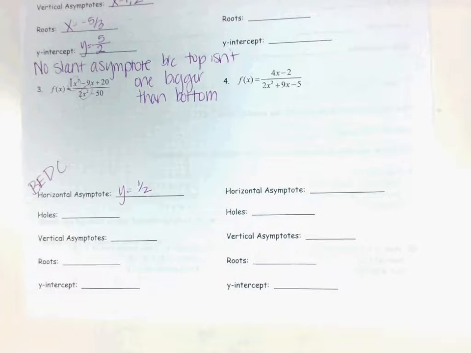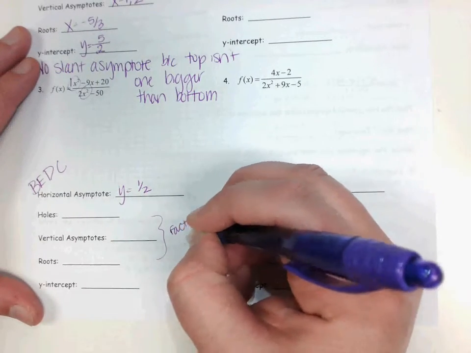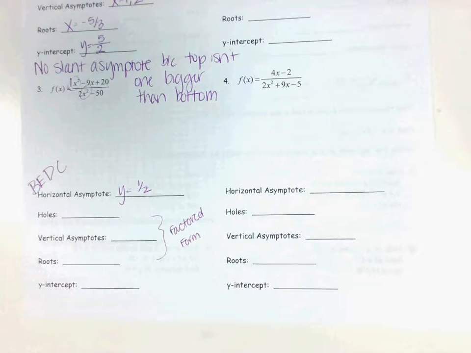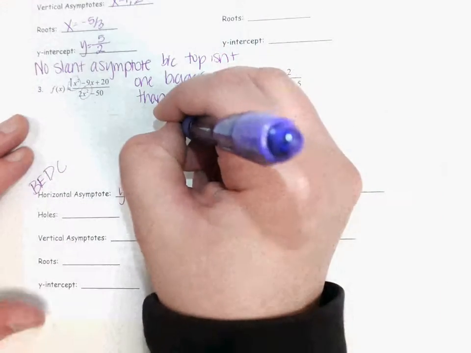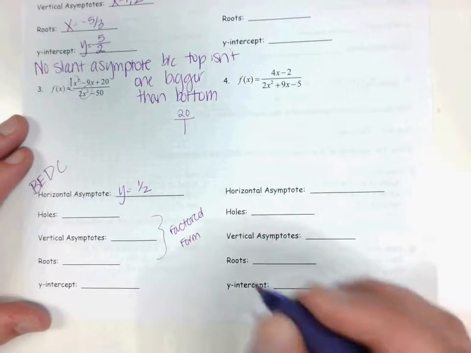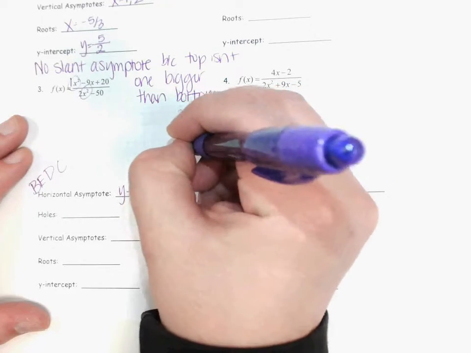Okay, for your holes, vertical asymptotes, and your roots, you have to have it in factored form. So in order to have it in factored form, we need to actually factor it. Yeah? So on the top, we're going to have to do a t-chart. What will multiply to 20? What are my choices? Okay, 1 and 20, 2 and 10, 4 and 5.